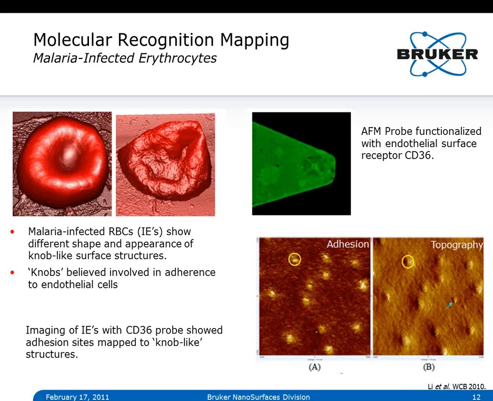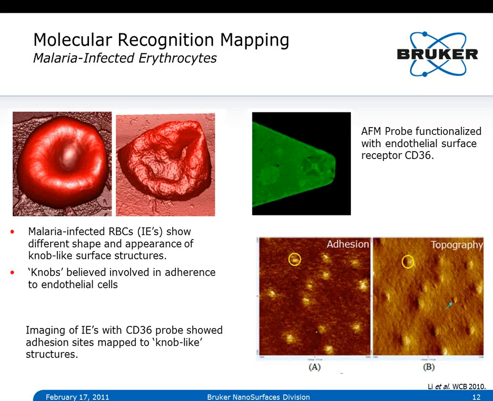So how do we verify that these knobs are really responsible, that these are really the adhesion centers? Well, it's a quite straightforward experiment. We take a probe and we functionalize the probe with a specific receptor for these centers. Then we just go ahead and do our force measurements, and what we get is shown at the bottom.